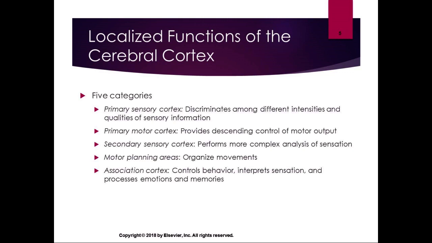There's the secondary sensory cortex, which performs a more complex analysis of sensation, and we'll talk more about that. There are motor planning areas, which organize movements. And then there are areas that we call association cortex, which controls behavior, interprets sensation, and processes emotions and memories.